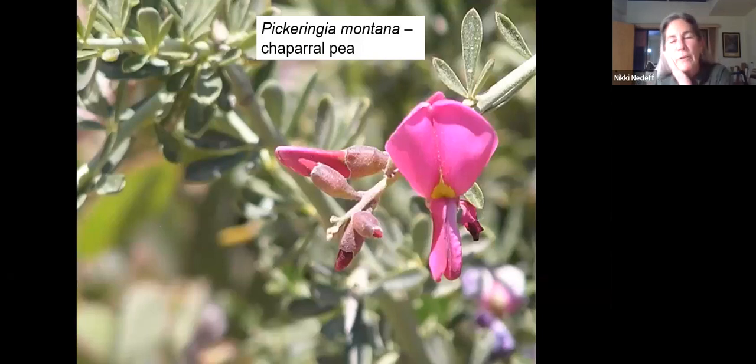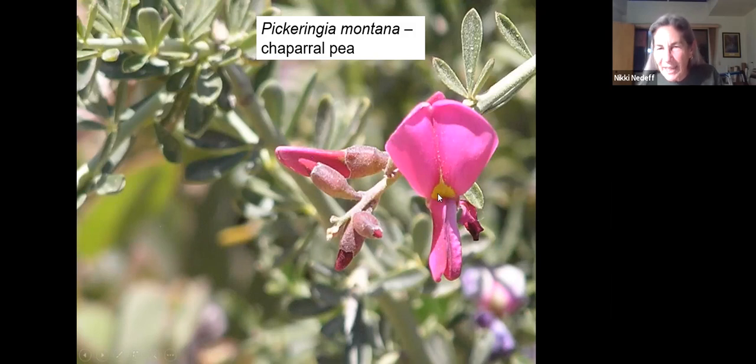Here's another one that I really like in our chaparral habitats, Pickeringia montana. That's kind of a fun name to say, Pickeringia montana. Anyway, classic pea-shaped flowers, but it's exquisite. Look how beautiful it is. Look at how complex it is with these broad pink banners.